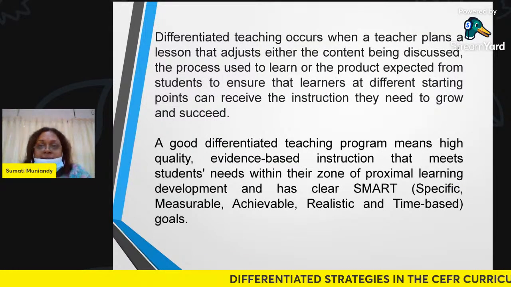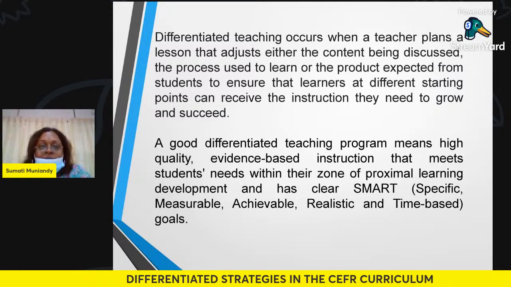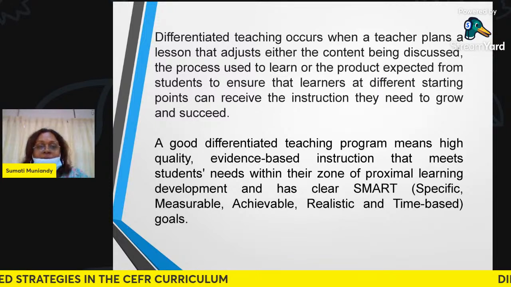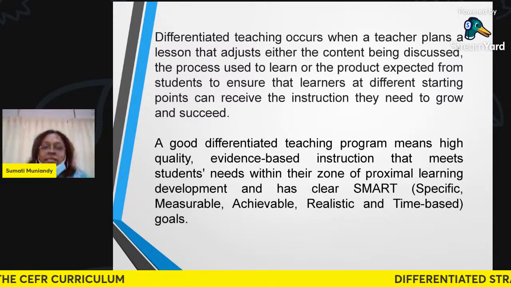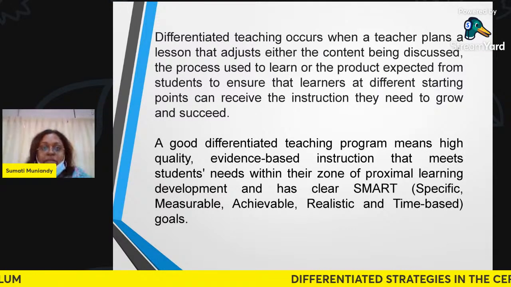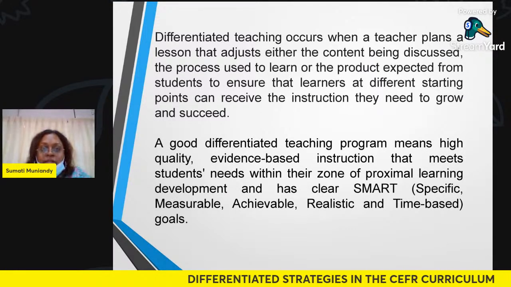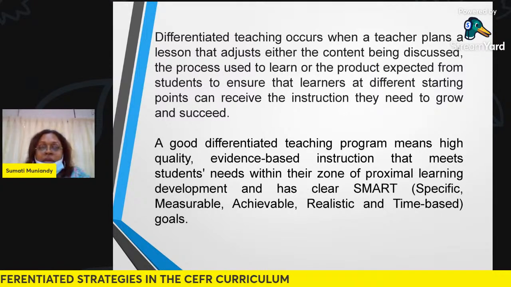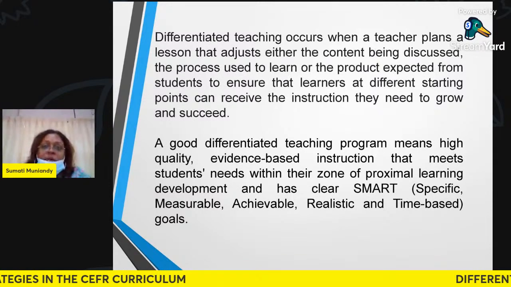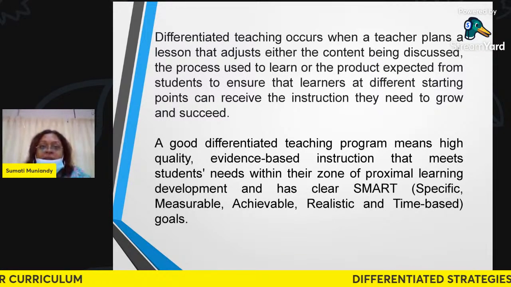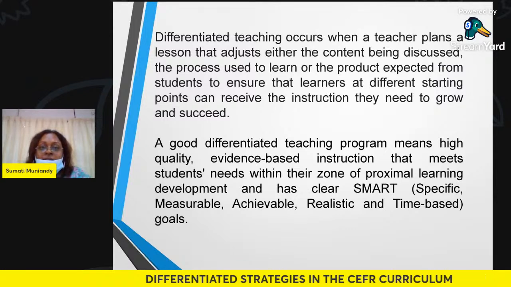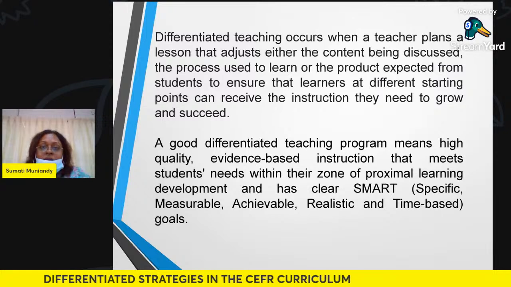Hence, a lesson that adjusts either the content being discussed, these are the key things, the process used to learn, and also the product expected from the students, to ensure learners at different starting points can receive the instruction they need to grow and succeed.